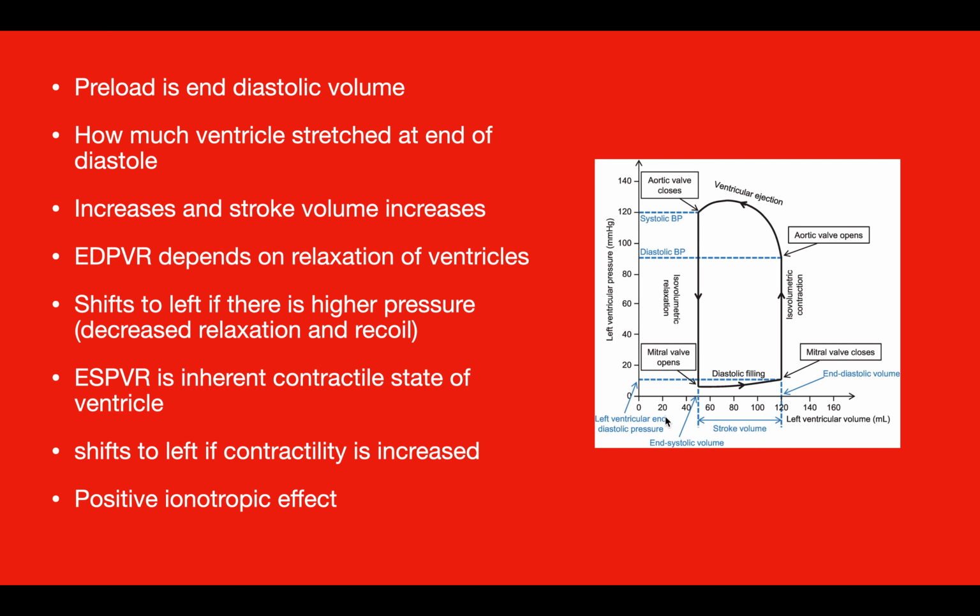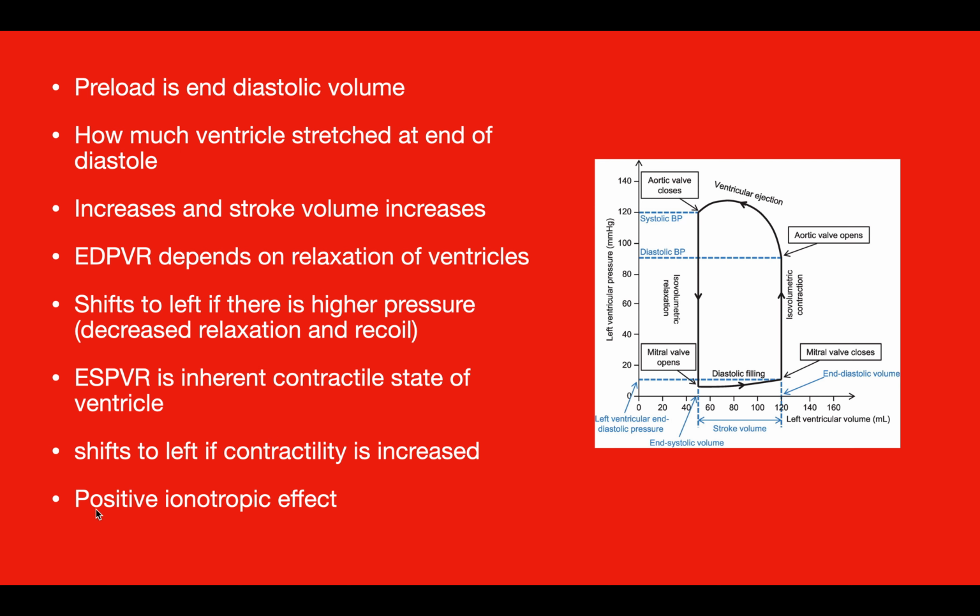There is the curve, the EDPVR, and that depends on the relaxation of the ventricles, and it shifts to the left if there's higher pressure due to the decreased relaxation and recoil, while the ESPVR is going to be the inherent contractile state of the ventricle. So this is going to really show if there's any stiffening of the ventricle or not. So it shifts to the left if the contractility is increased.